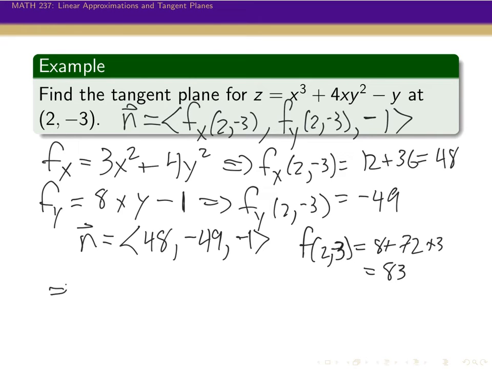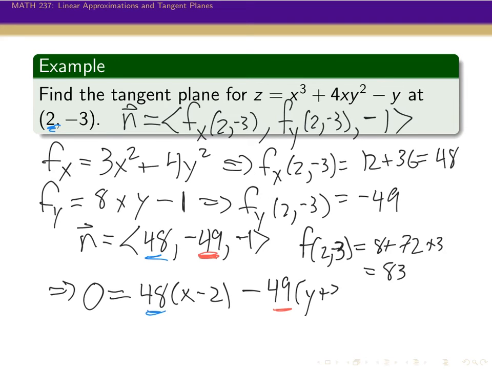And so we have our plane is going to be 48 times x minus 2. 2 is coming from our x coordinate, minus 49, which is coming from our partial in terms of y, times y plus 3.